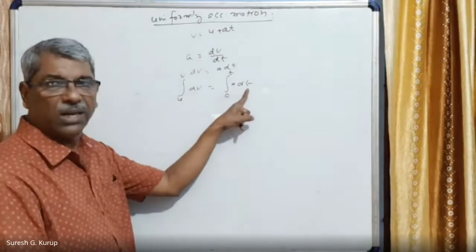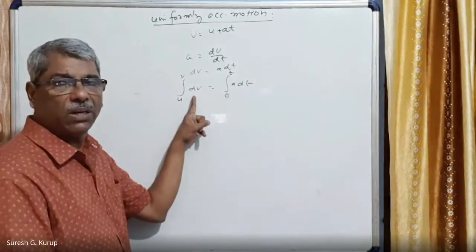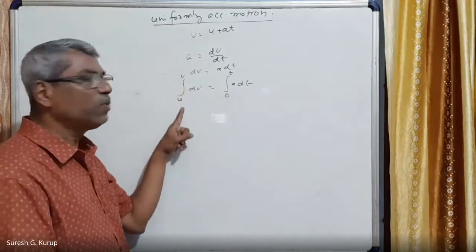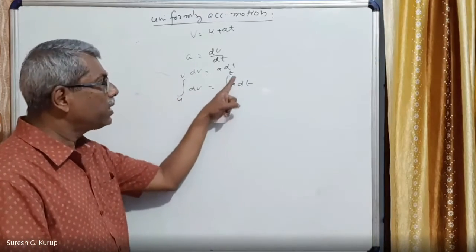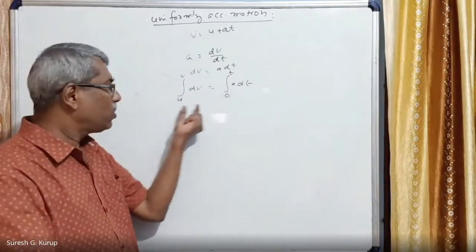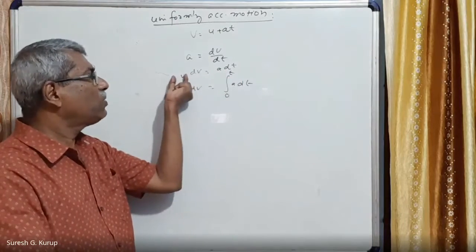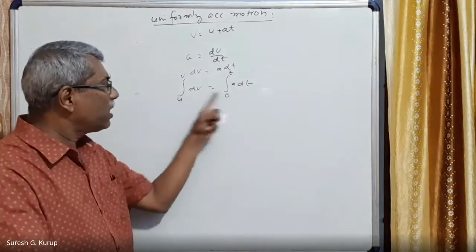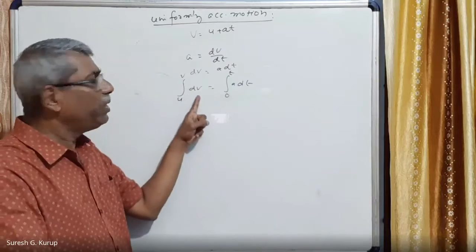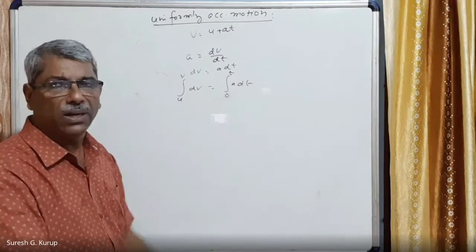The velocity part is integrated within velocity limits, and the time part with time limits. So this reads as integral from u to v of dv equals integral from 0 to t of a dt.